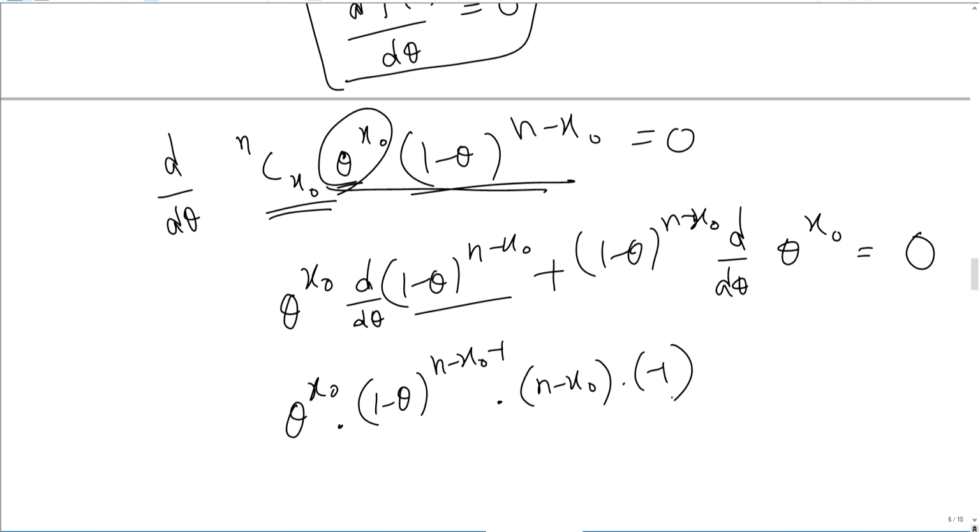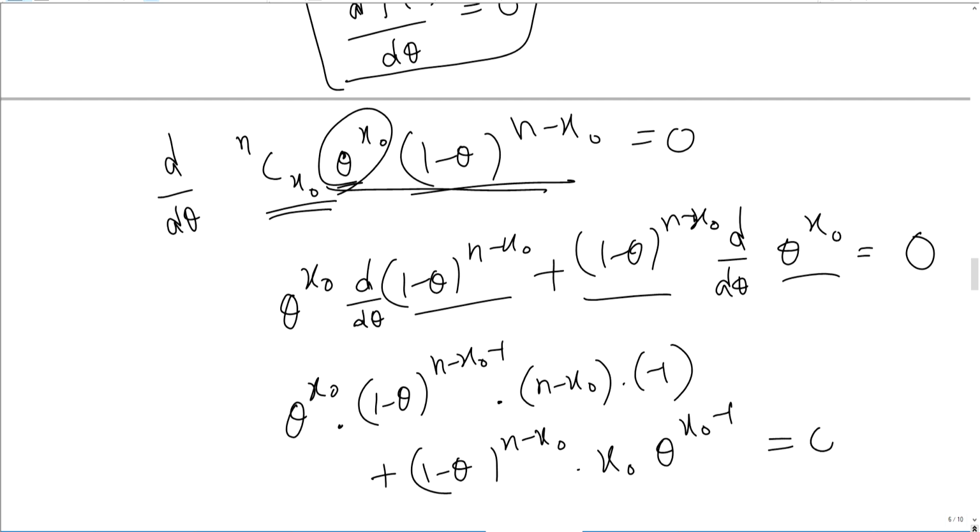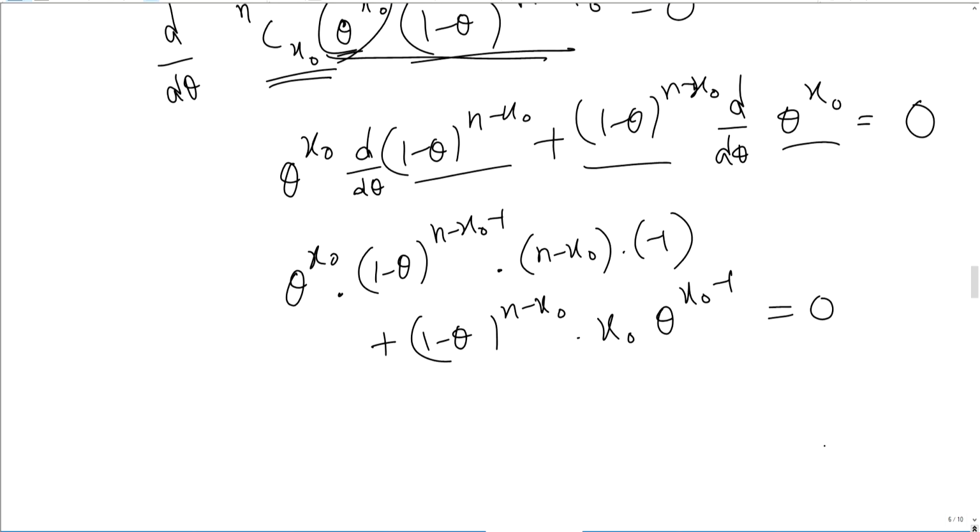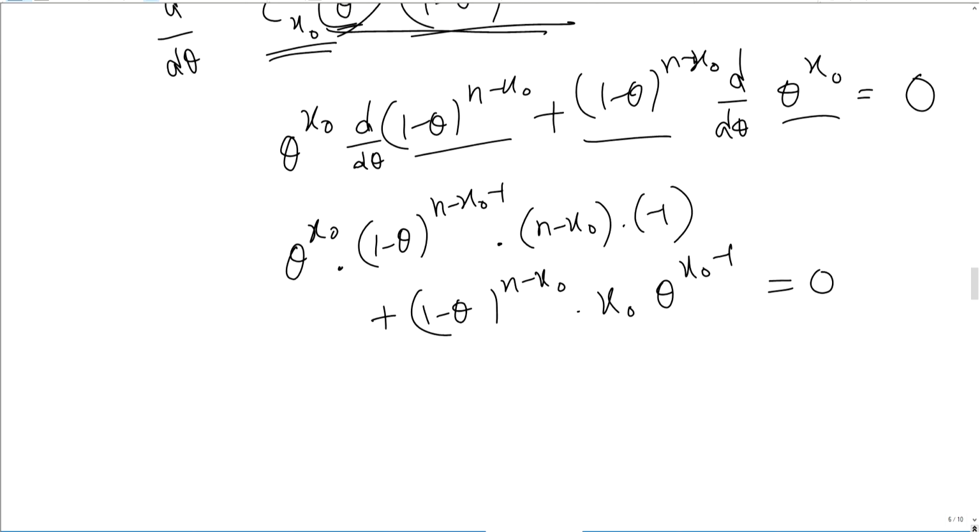Okay, so this is the first quantity. The second quantity is 1 minus theta to the power n minus x naught, and when you differentiate theta to the power x naught, you get x naught into theta to the power x naught minus 1, equals 0.